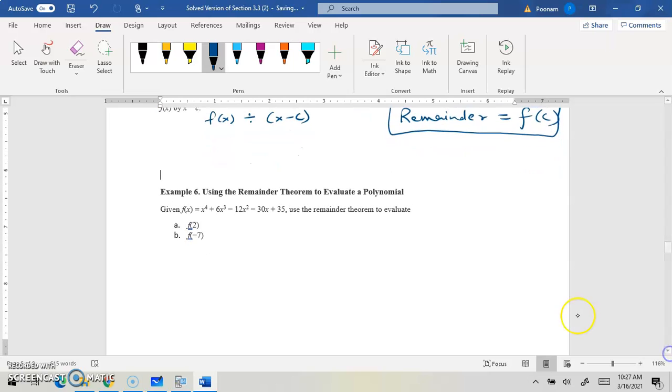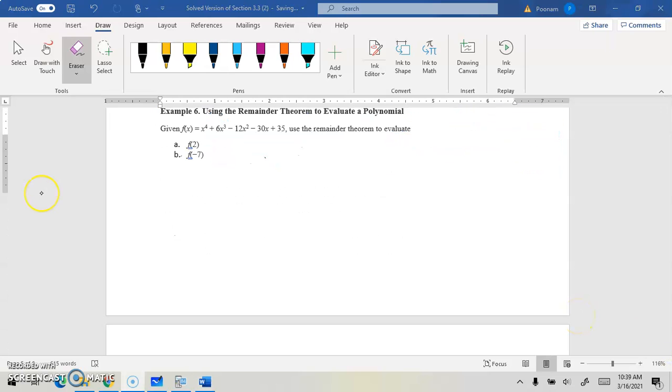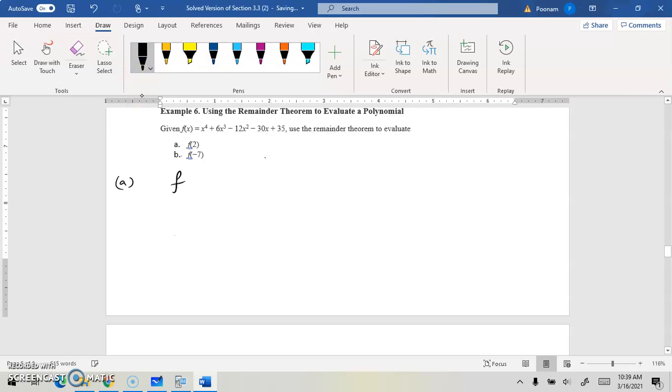So using that theorem in this example, we are given in example 6, f of x is this function, x to the power 4 plus 6x cubed minus 12x squared minus 30x plus 35. We need to find f of 2. So for finding f of 2, I'm going to divide f of x by x minus 2 because c is 2 in this case.